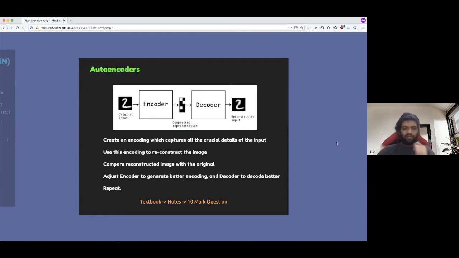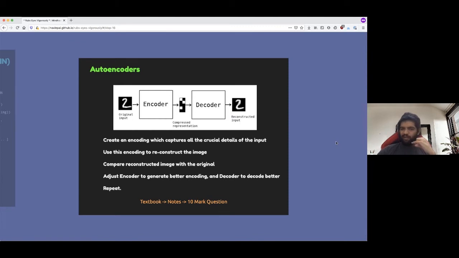Now an autoencoder is a different neural network to a GAN, but I think the understanding for GANs and autoencoders is kind of self-explanatory, right? A GAN tries to create new images using data that it's seen in the past, whereas an autoencoder is again 2 parts. One is called an encoder and one is called a decoder. The encoder's job is simply to take an input and generate a very compressed encoding of it.